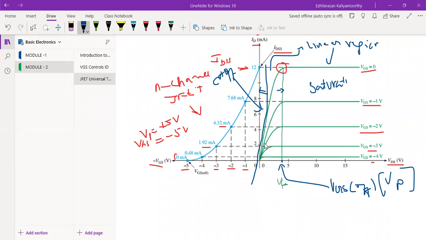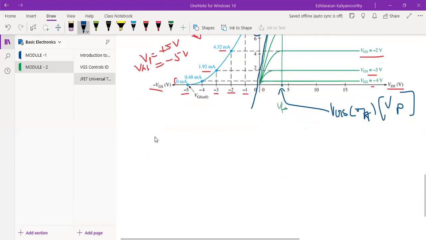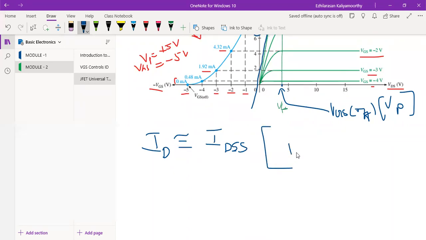Now, based on this curve, I will write the JFET transfer characteristics curve, expressed approximately as the drain current equation: ID is approximately equal to IDSS into (1 minus VGS divided by VGS off) the whole squared.